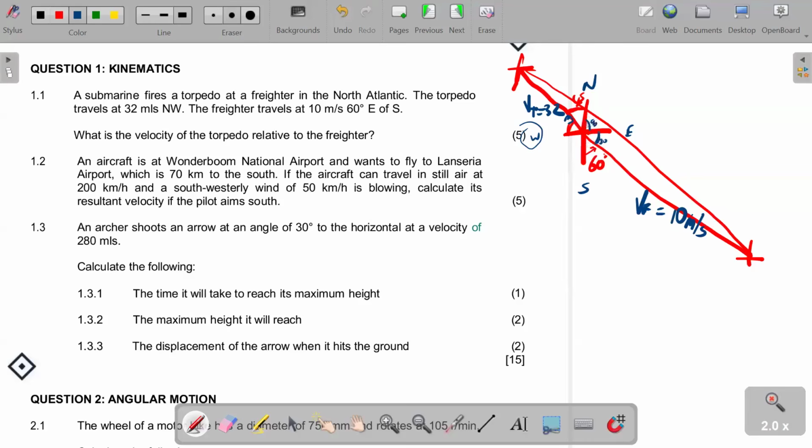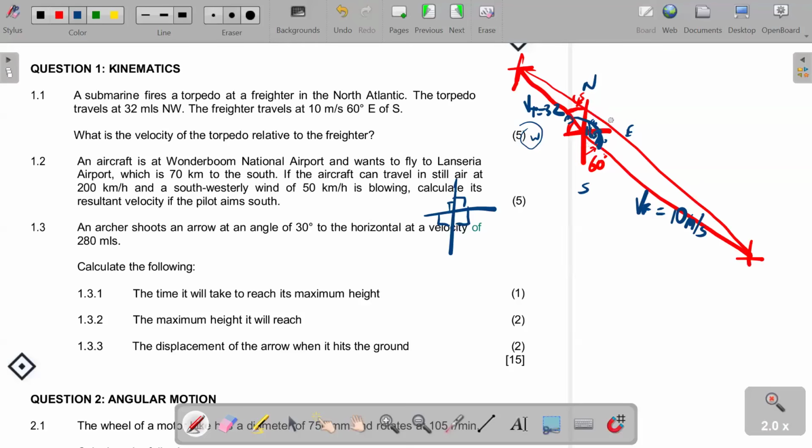How do we know? We know that between all the cardinal points, these are 90-degree angles that we have. Then we said this is 45 plus 90 plus 30. So if we add that, 90 plus 30, that's 120, plus 45, that's 165. So this whole angle here becomes 165 degrees.